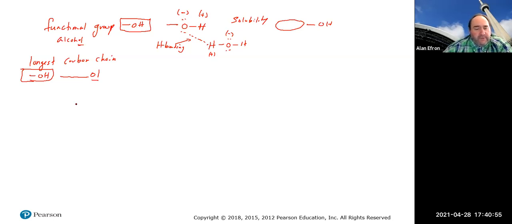Also very similar to what we do with our double bonds and triple bonds, we do need to give the location of where that OH group is located. Again, especially when there's more than one option as to where that OH group can end up.